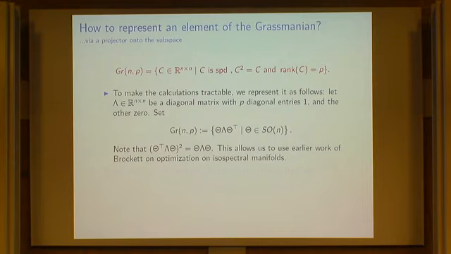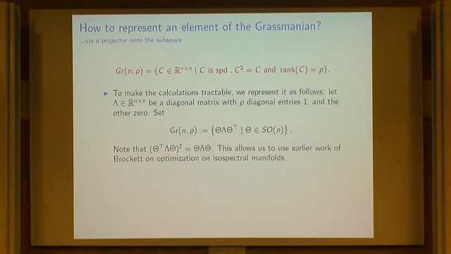We're going to say that the Grassmannian of p-planes in R^n is a set of matrices theta lambda theta transpose, where theta is in SO(n), and lambda is a diagonal matrix with p entries 1 and all the others 0, where the p 1s are is actually irrelevant because this is just washed away by the theta.